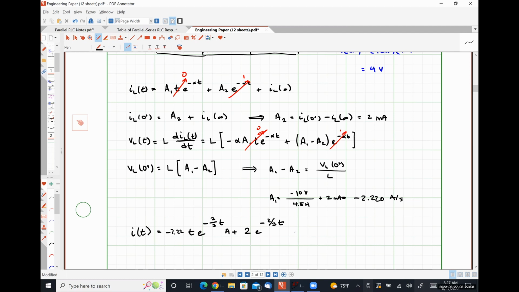Plus 2e to the negative 2/3 t, and this is going to be milliamps. If we didn't do that, when we simulate this, we would be getting the wrong result.